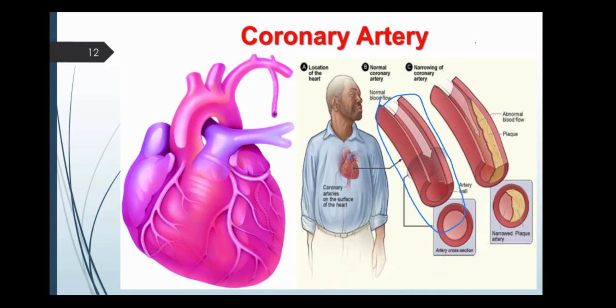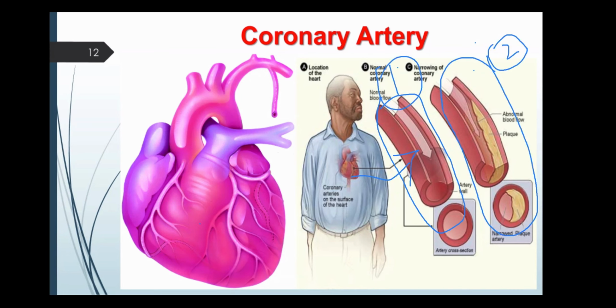This is the tube which gives blood to the heart itself. So this is the vessel of a healthy person. But someone who has a high cholesterol level or high fats in his body, his vessel becomes like this. This is the second one. This stage 2 is a dangerous stage. This stage 1 is a healthy stage.